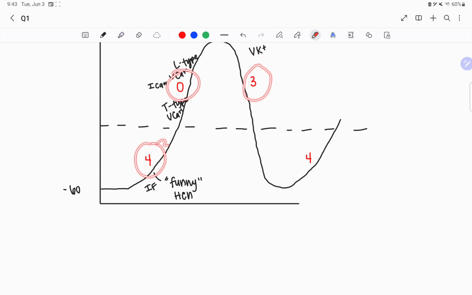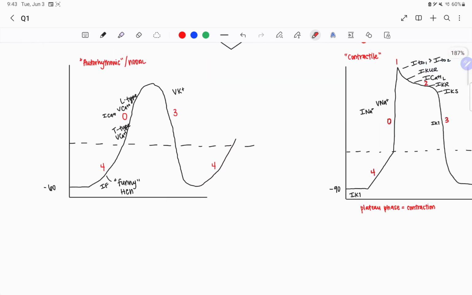So phase 4 is our graded potential, phase 0 is the depolarization, and then phase 3 is the repolarization. And it just starts right back over, starting with 4. Okay, so that's kind of interesting to see the difference on how these action potentials work on these nodal cells.